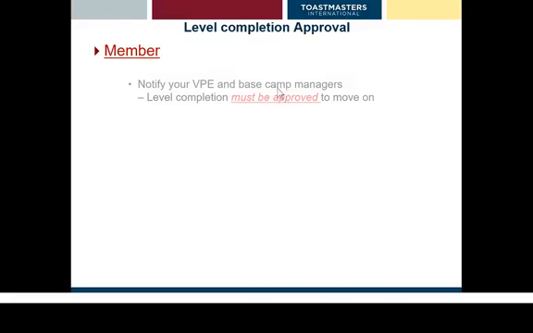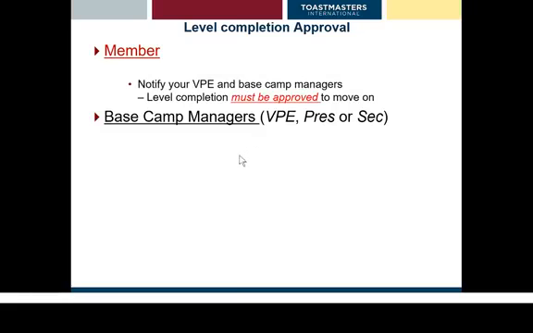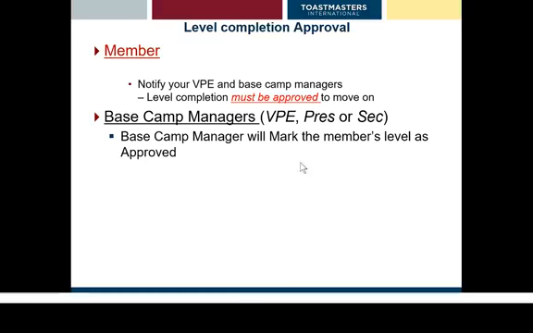For this level completion approval, the first thing you need to do is to notify the Vice President of Education or a Basecamp manager. After notifying them, they will do the level completion approval. Then you will be able to continue to the next level. The Basecamp managers are the President, Secretary, or Vice President. So the Basecamp manager will mark the member's level as approved.